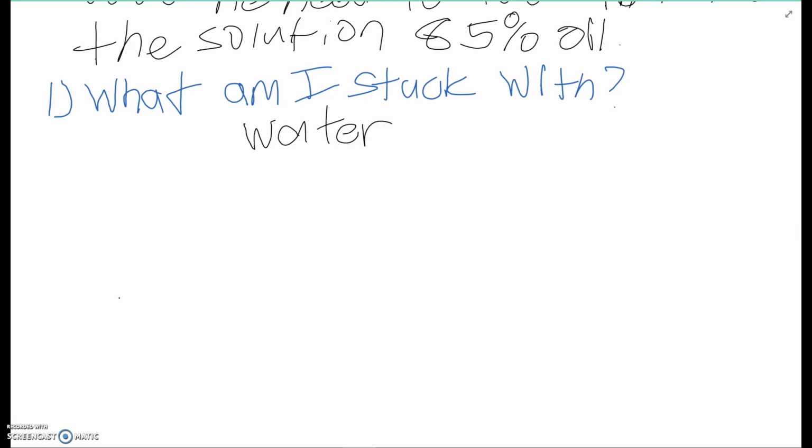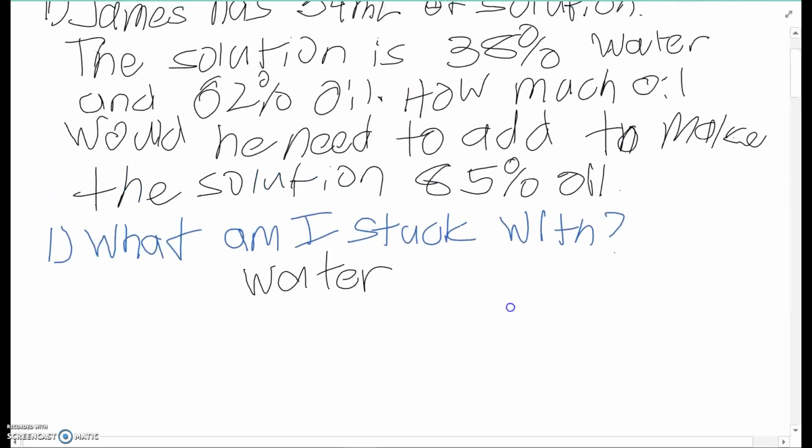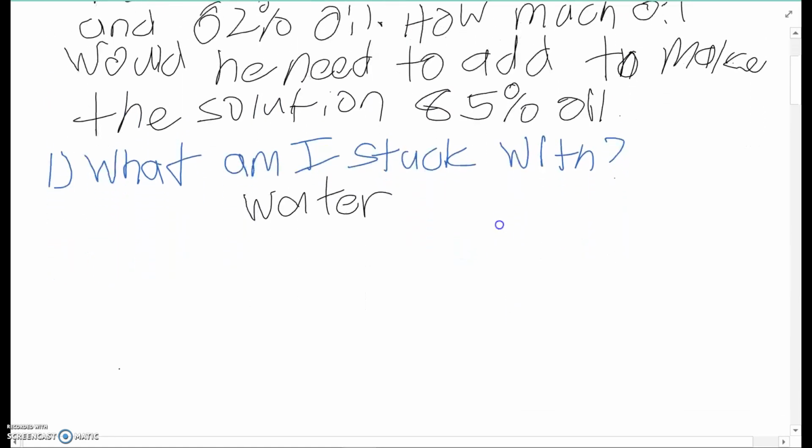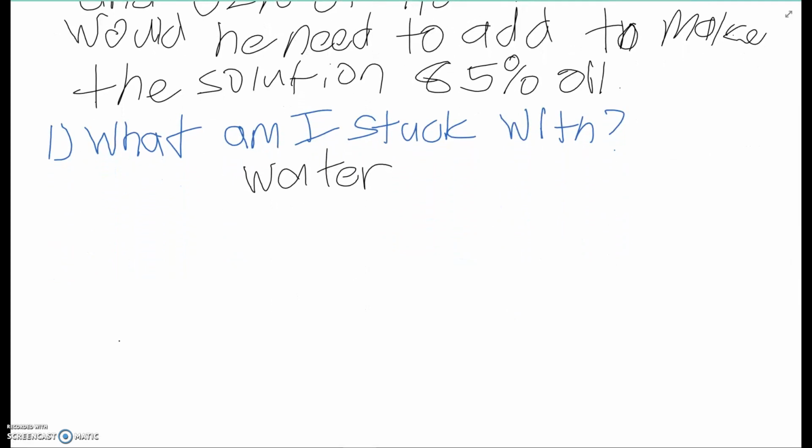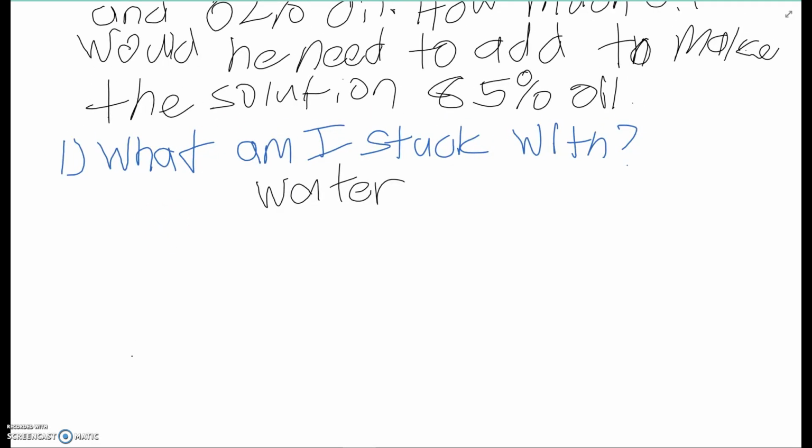Okay, well, I have 32 milliliters of it, and it's 38% water. Let me just double check that I have that right. 34 milliliters. Okay, good thing I checked. So I'm stuck with water. Specifically, I'm stuck with 38% of 34 milliliters. So I want to know what is 38% of 34 milliliters.